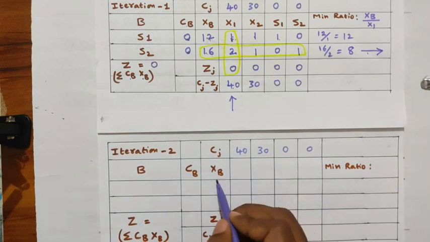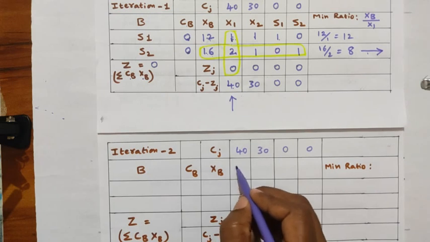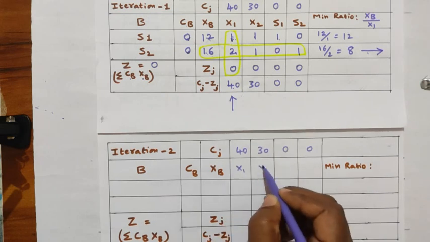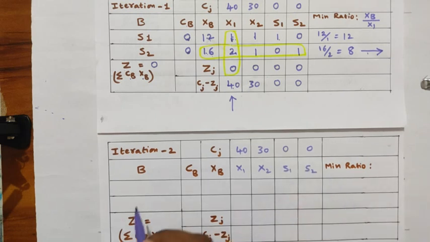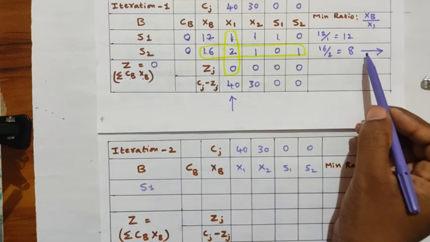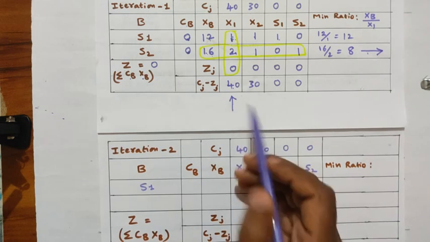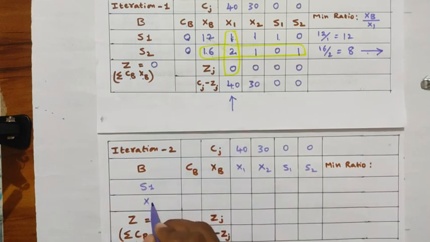Also XB, X1, X2, S1 and S2 will be the same. For the basic variables, S1 is the same, and S2 is leaving and X1 is entering, so instead of S2 we will write X1.